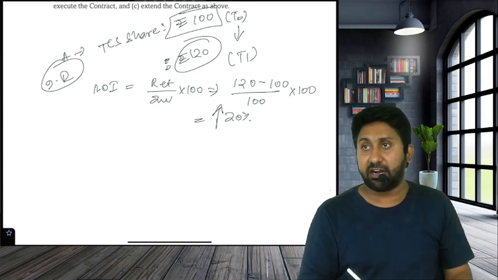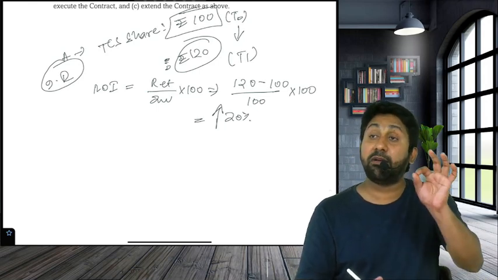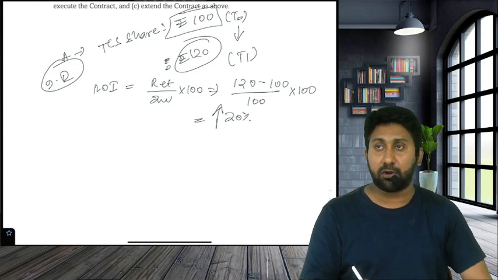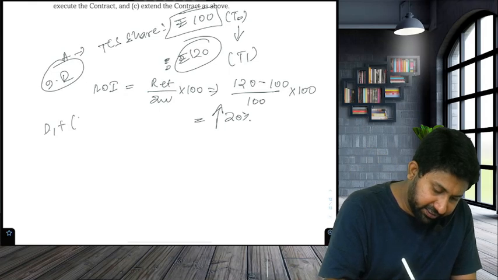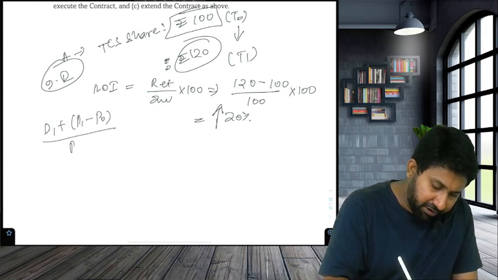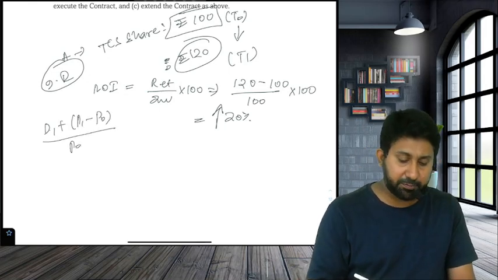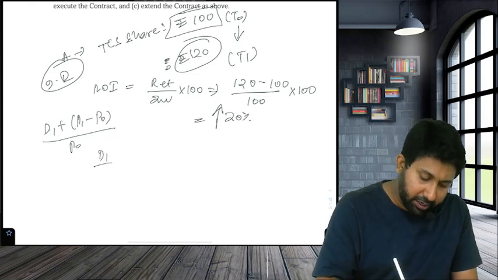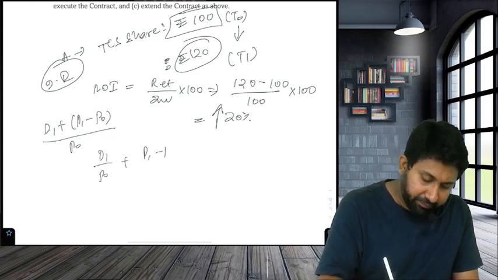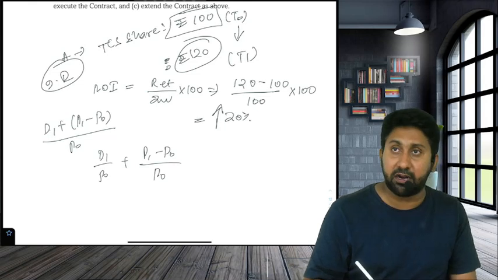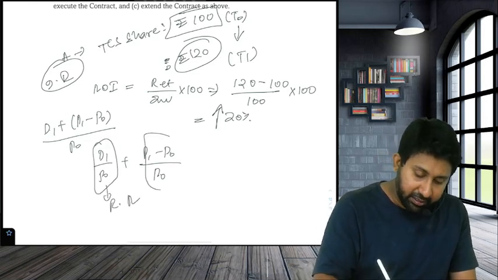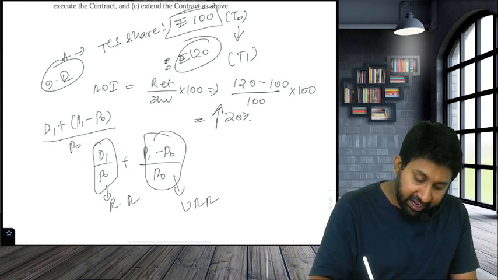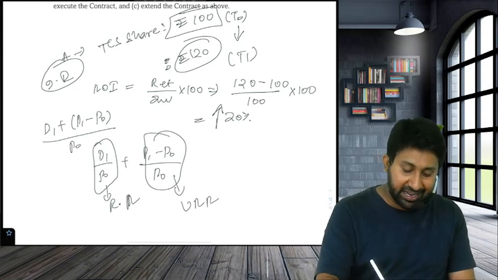That itself is the return formula: D1 plus P1 minus P0, whole divided by P0, into 100. That is, D1 by P0 plus (P1 minus P0) divided by P0. Yes or no? This D1 by P0 is the realized return.